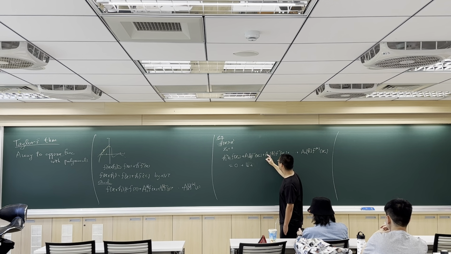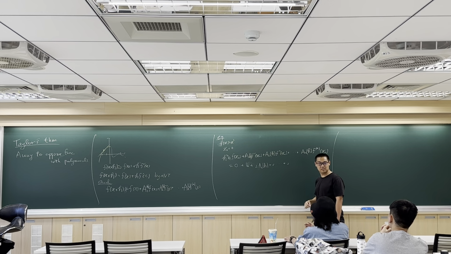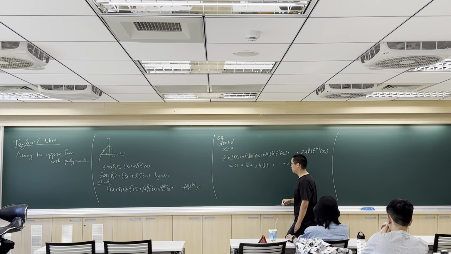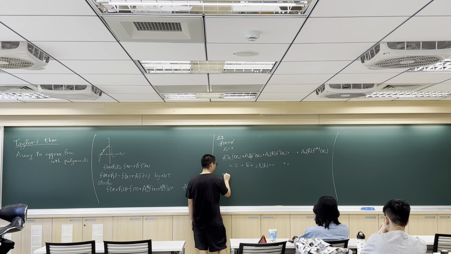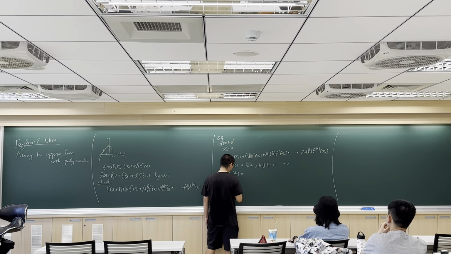And thus 2 a2 h is 0. So it seems like a2 h should be this one.